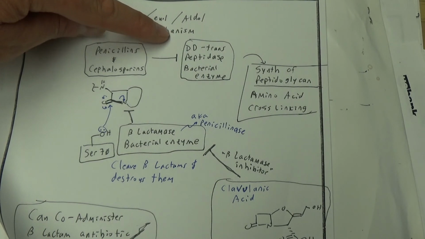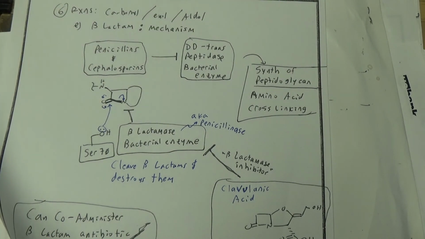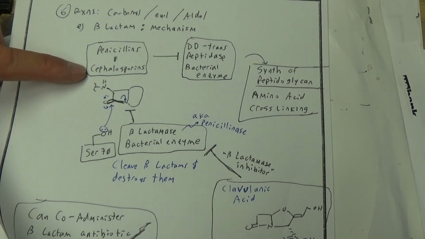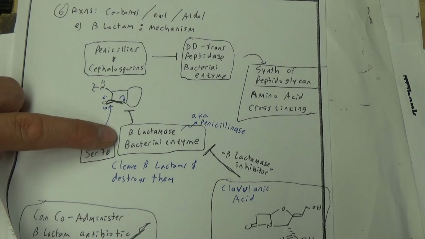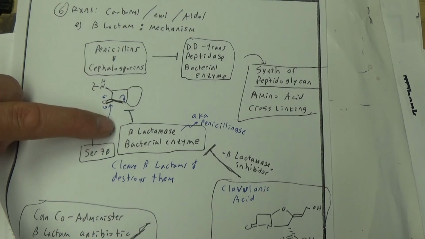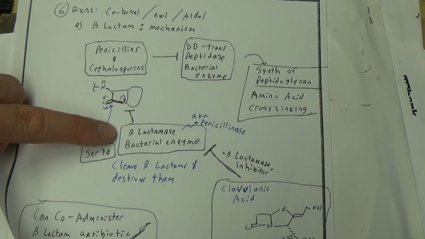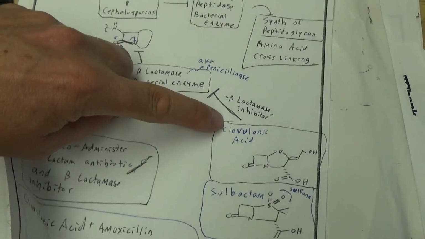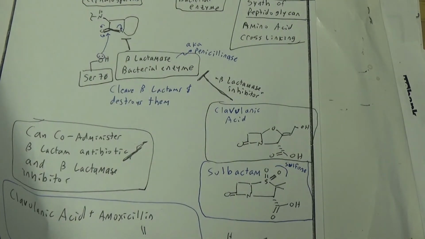Hopefully this gave you a little bit of a feeling of how penicillins and cephalosporins work, how this nasty enzyme, beta-lactamase, destroys drugs that we use, and it's really for self-survival of the bacteria, because it doesn't like to be killed by our drugs, and then how we can counterattack with the beta-lactamase inhibitor, which I think is a pretty cool approach.